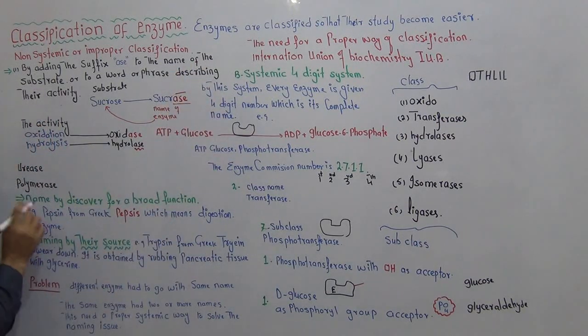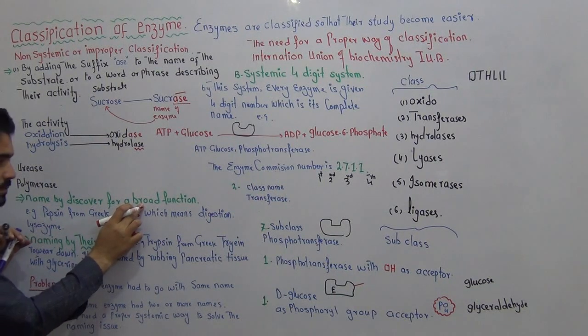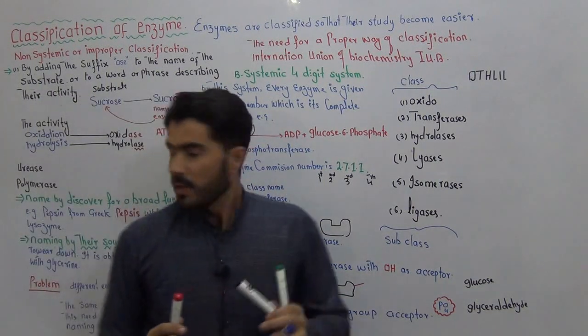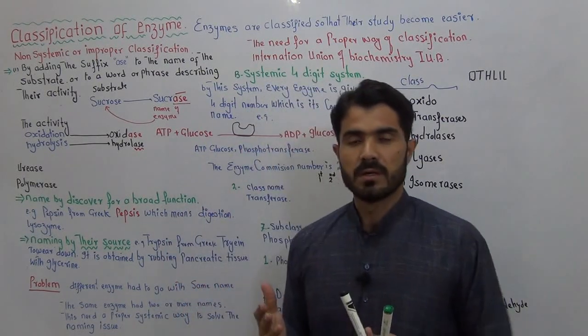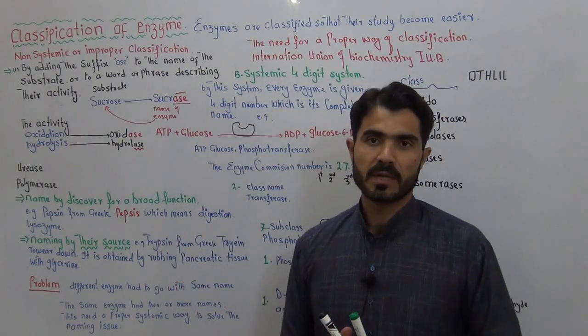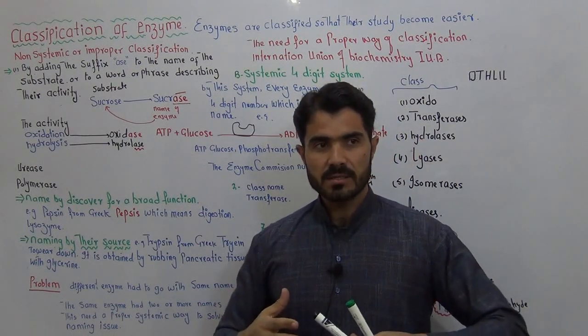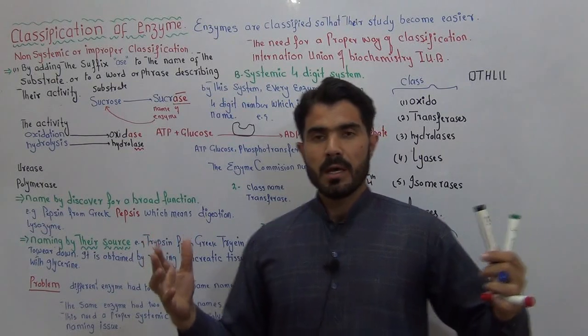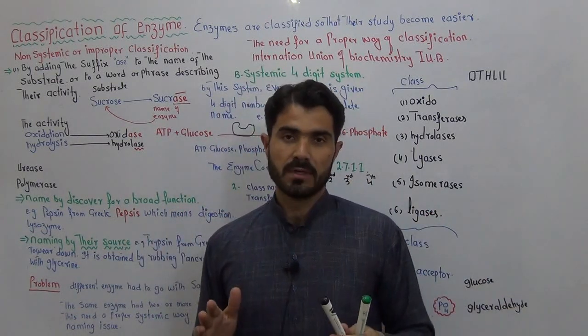Now come here. Next is naming by discoverer for a broad function. There are some broad functions like digestion. Look, digestion is a broad function. In the process of digestion, many enzymes are involved.